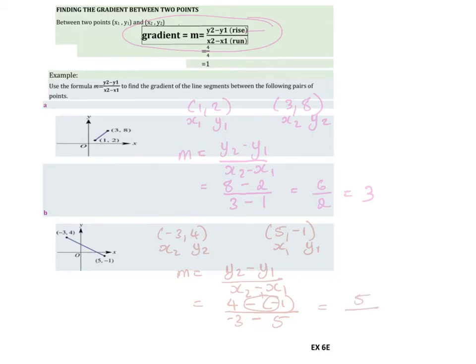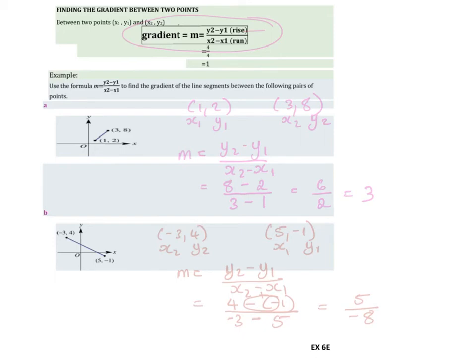Minus 3 minus 5 is minus 8. Can I simplify that down? Well, the answer there is no, of course, because nothing goes into 5 and 8. So I actually have one negative, so the whole thing is negative. It's a negative gradient. Looking at my graph, yep, I was expecting a negative gradient, so it looks right to me.